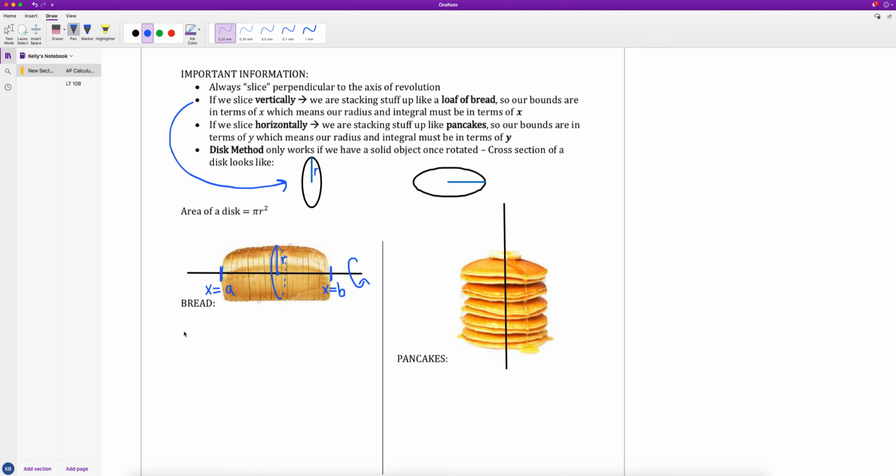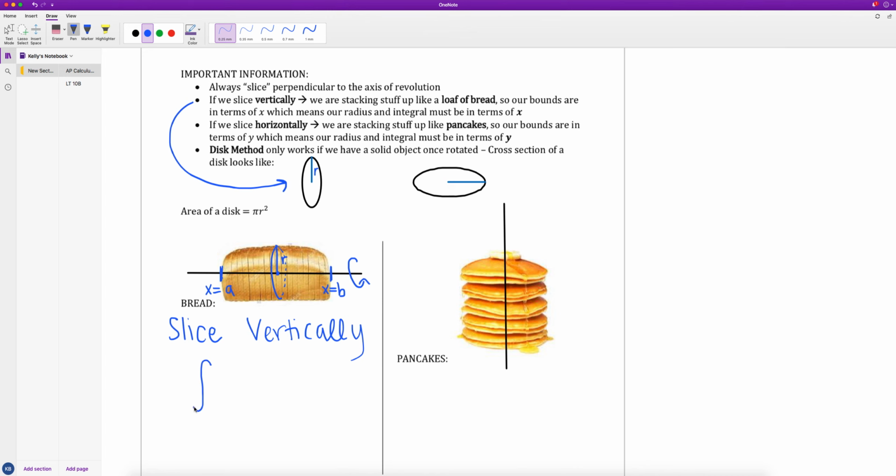If we summarize this, anytime we slice vertically, we're going to be in terms of this bread scenario. So if I'm slicing vertically, we're going to get this disc shape that we get up here. What that tells me then is I'm always going to integrate with respect to x.